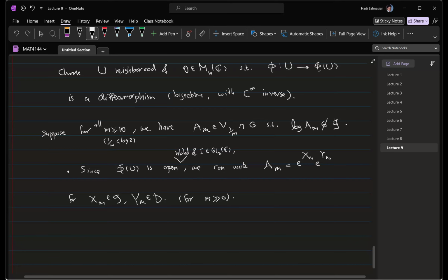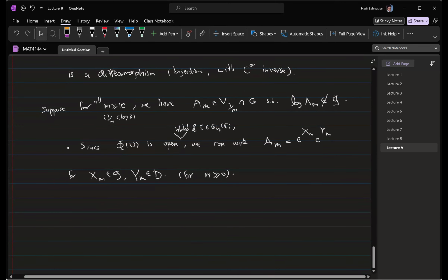All right. So now what do we do with this? Well, the claim is that the YMs are non-zero. So if YM is 0, then what happens? Then AM is e to the xm, and therefore log AM is just log e to the xm.